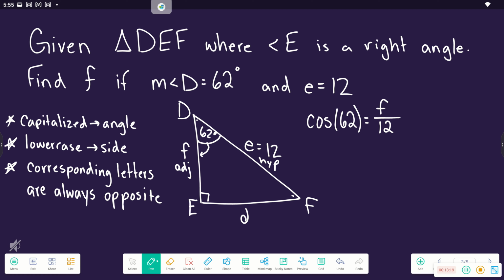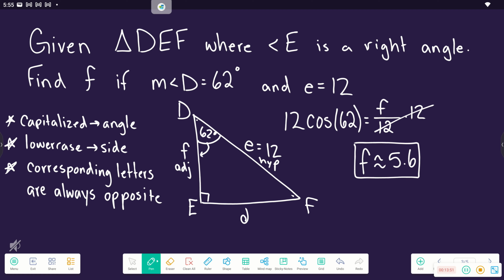Now we're just solving like we would any other type of function. I need to get F by itself. To get rid of it divides by 12. We multiply by 12 on both sides. So I need to do 12 times cosine of 62, giving us F is approximately 5.6.